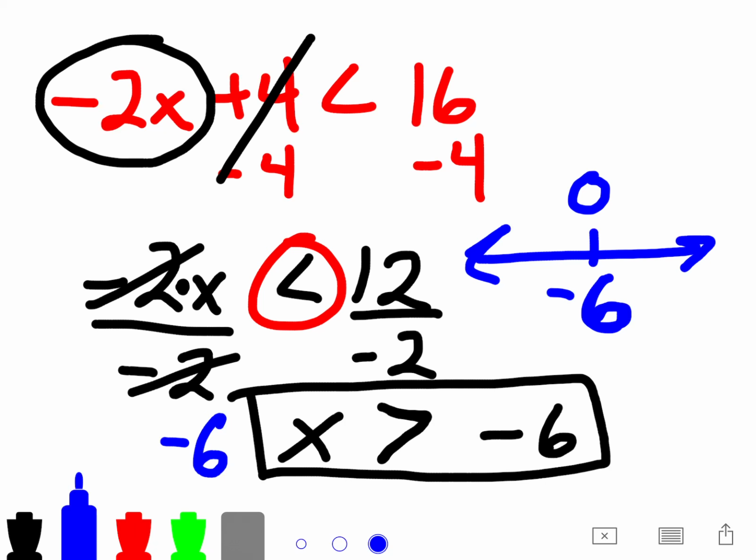So x is greater than negative 6. Greater than, we're going to go towards the positive numbers, right? So it includes all the numbers that are bigger than negative 6.